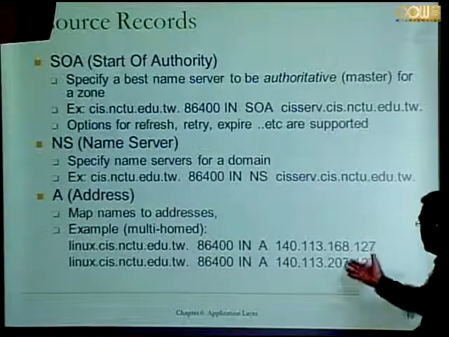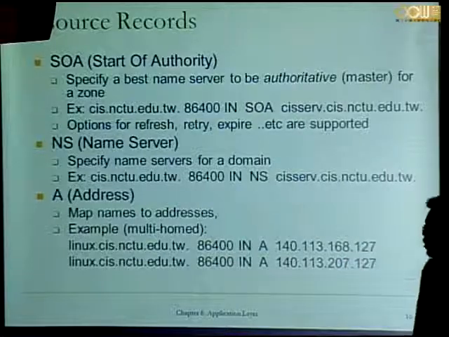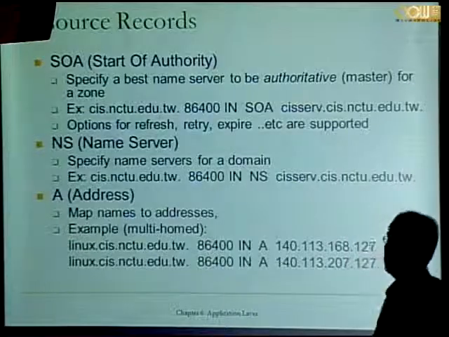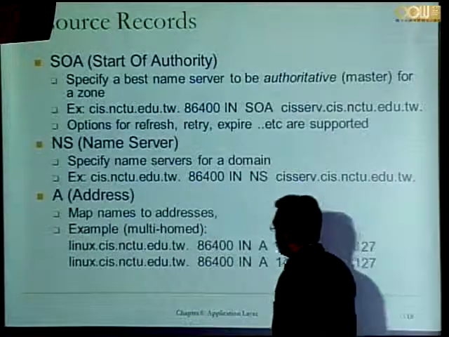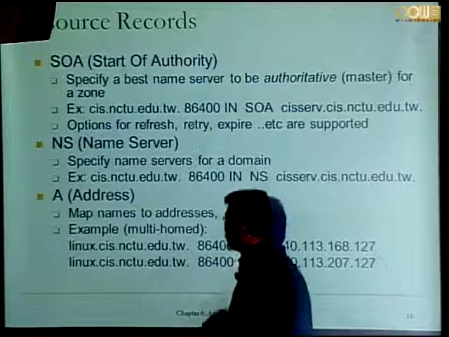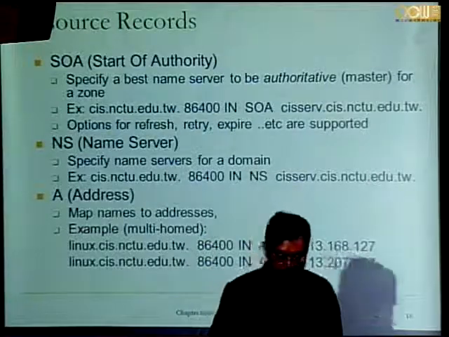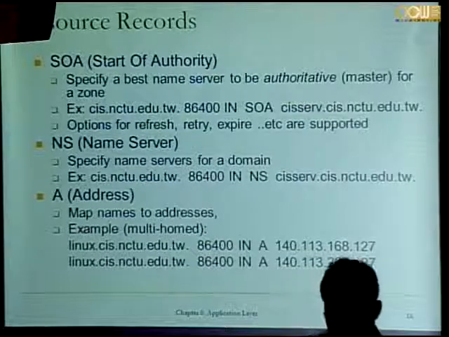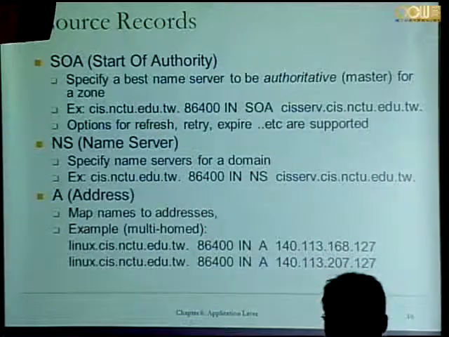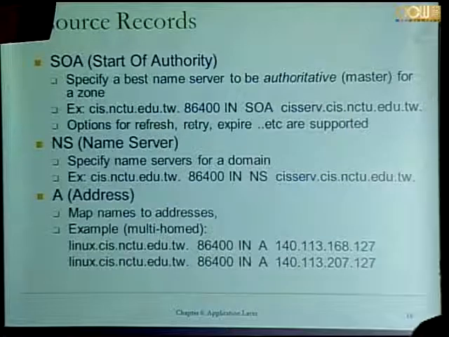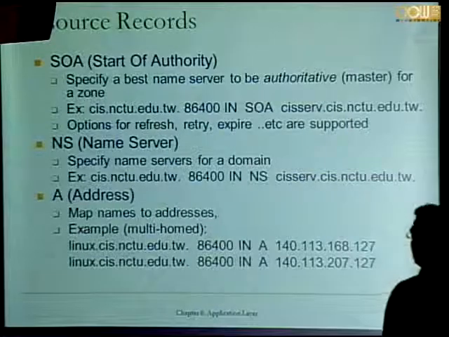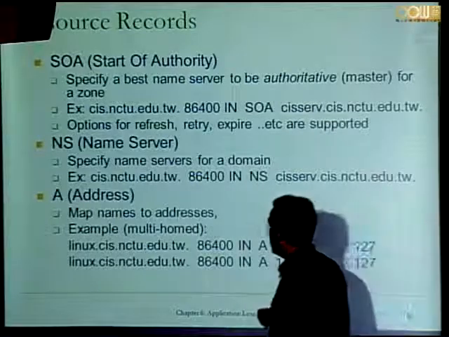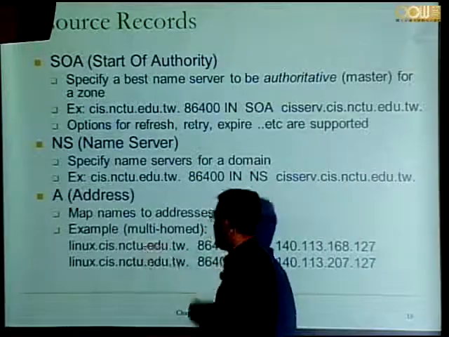And it looks like these 2 are on different subnets, so this machine is probably multi-homed. Multi-homed means it's connected to more than one subnet. In this example, it connects to 2 subnets.